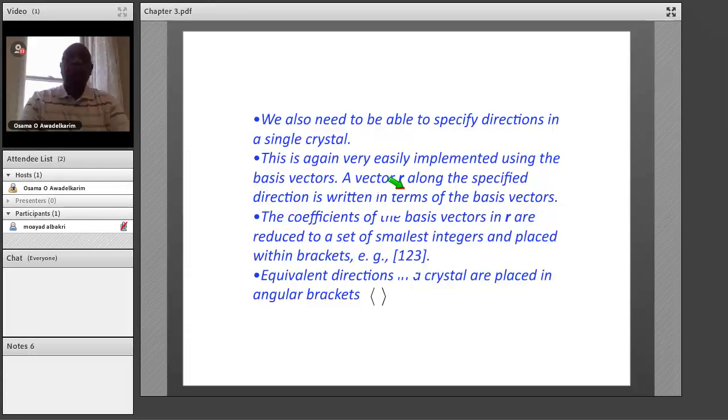We just take a point in the given direction and then write a vector from the origin to that point, and then take the smallest integers in the same ratio and put them in a square bracket like [1 2 3].